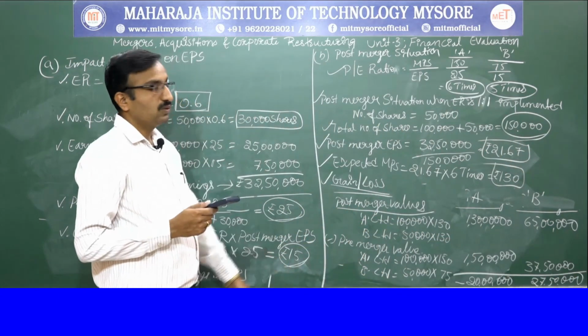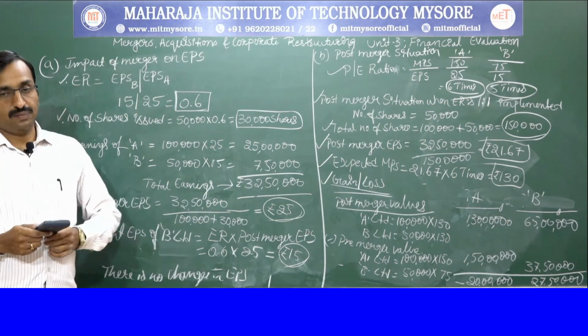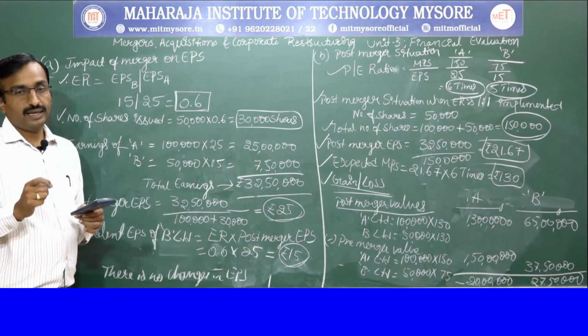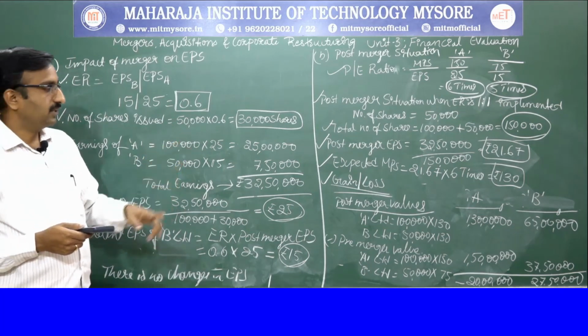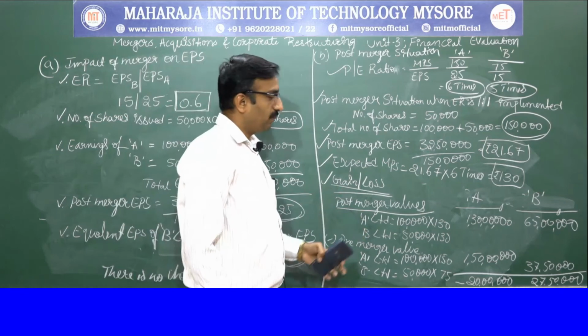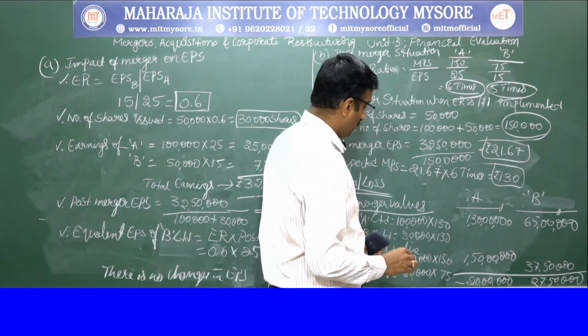So it is loss to the buyer company and income to the seller company. So we can say that the A Limited management should not accept the exchange ratio of 1:1. Conclusion is the A Limited must not accept the 1:1 ratio.